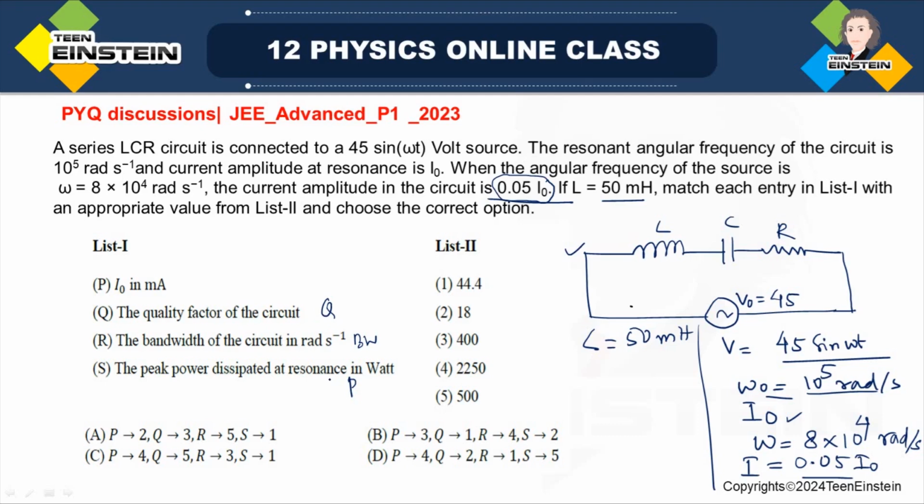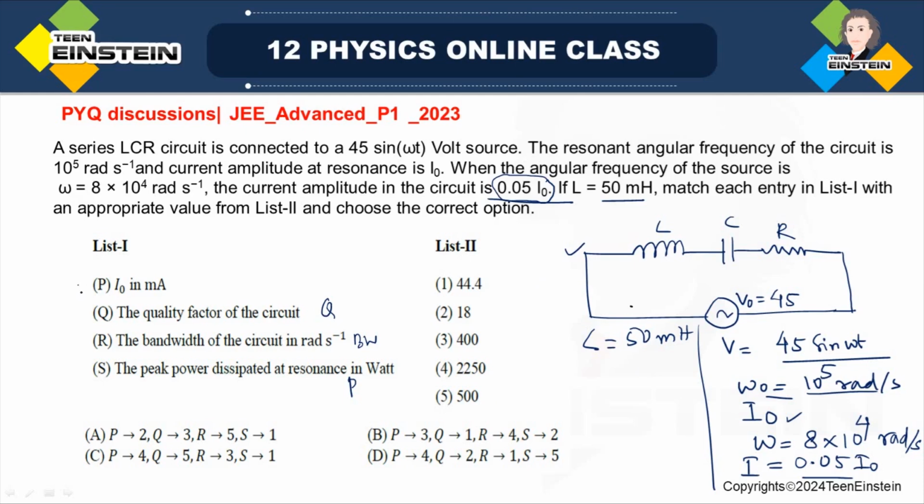So you have to find out the values from the given information for this circuit, and you have to match with the values given. There are 5 values in the list 2. You have to match 4 among these 5 with the entities mentioned in the list 1 and see which one of these given 4 options is correct. Okay, so let us solve this.